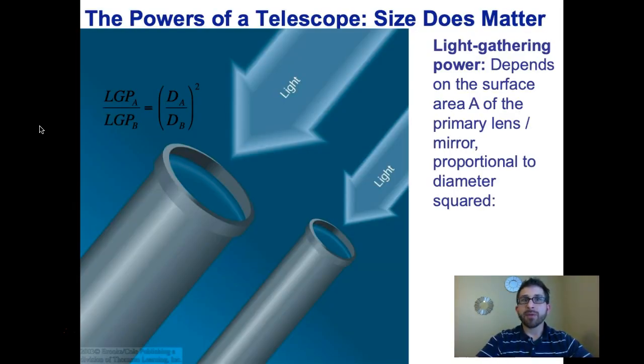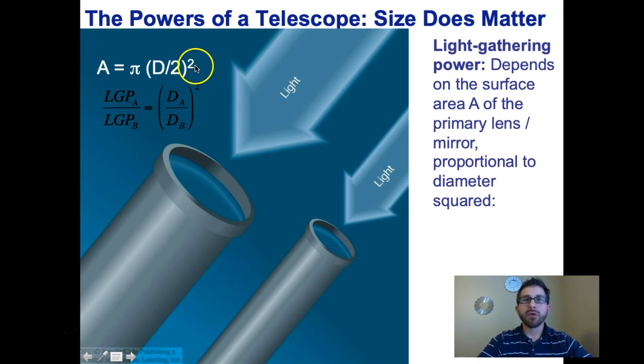Light gathering power is one of the main and most important functions of a telescope, and it's fairly easy to calculate. You take the diameter of one scope over the diameter of a second scope, and what you get is basically the area of that telescope. Just like area equals pi times the radius squared, where radius is diameter divided by 2.